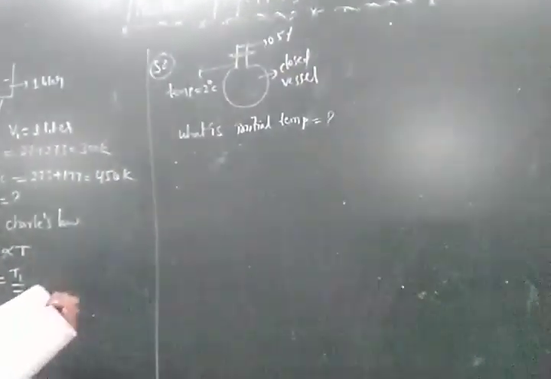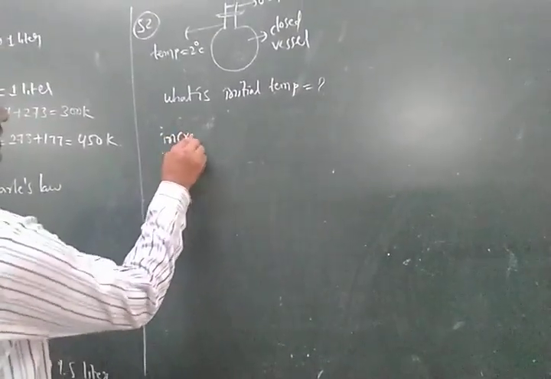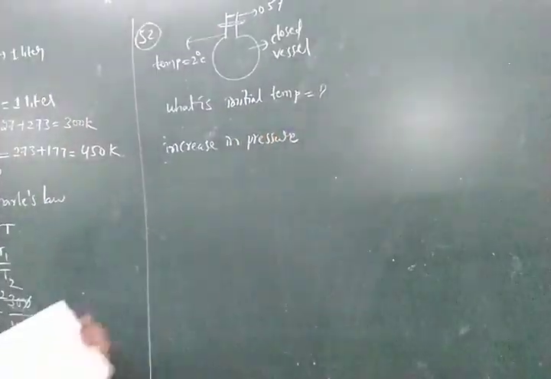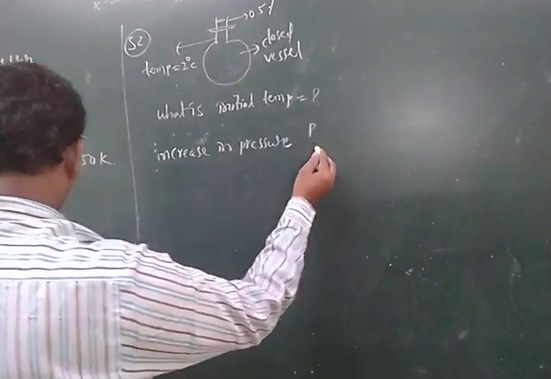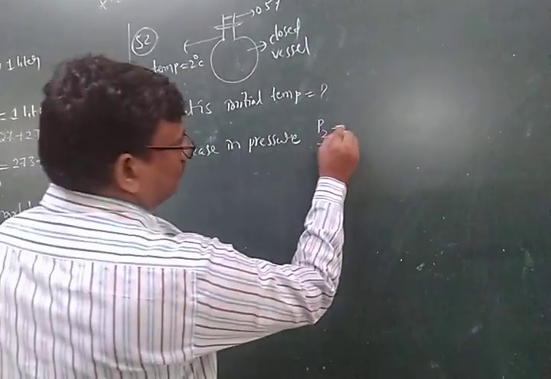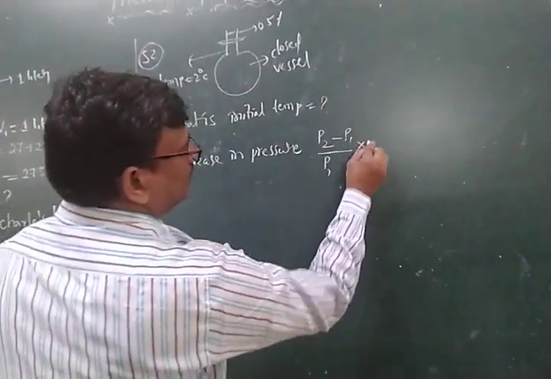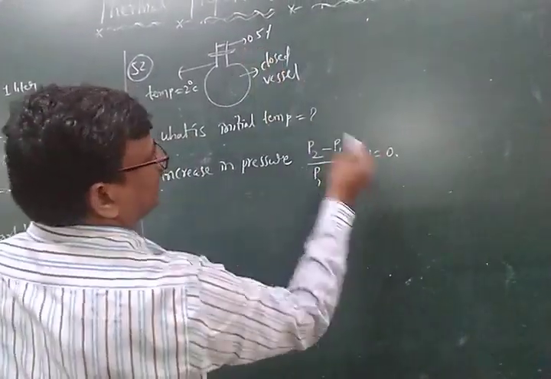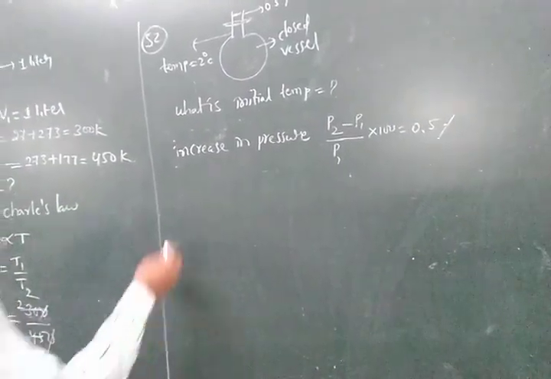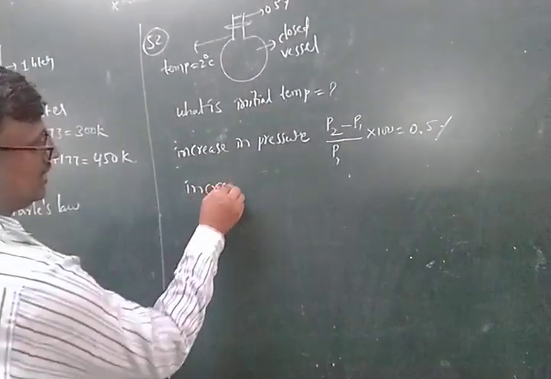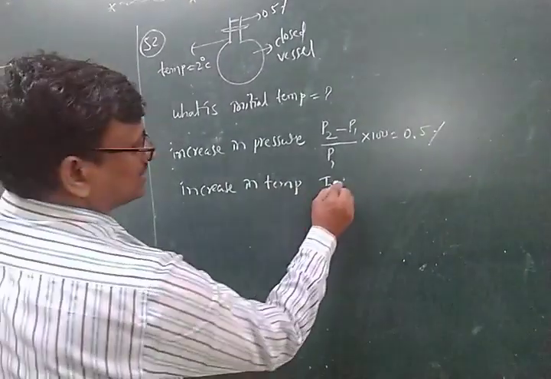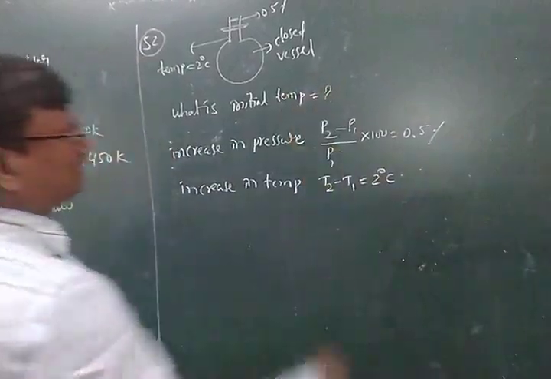We know that the increase in pressure, we can write P2 minus P1 by P1 into 100 percent is equal to the increase of 0.5 percent. Now the increase in temperature, T2 minus T1, is given as 2 degrees centigrade.